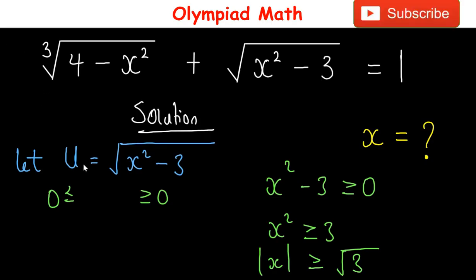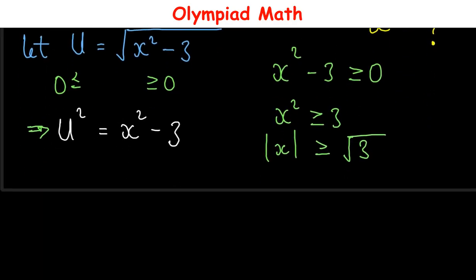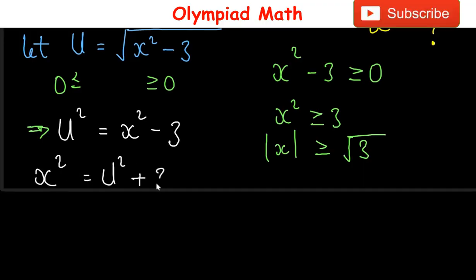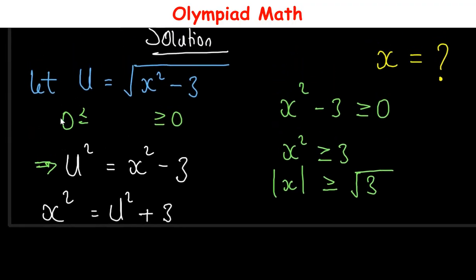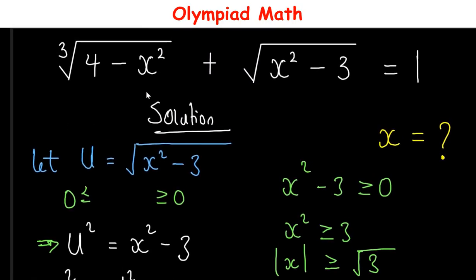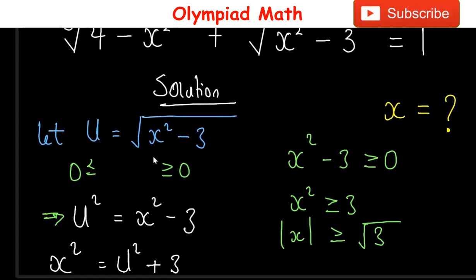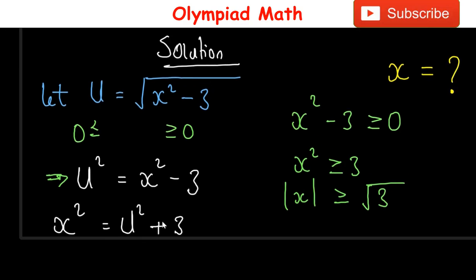So from this equation, u equals the square root of x squared minus 3. So if we square this equation, this then implies that we have u squared is equal to x squared minus 3. So if we then rearrange this equation, we are then going to have x squared is equal to u squared plus 3. So with this, in the original equation, where we have x squared right here, we can input x squared as u squared plus 3.